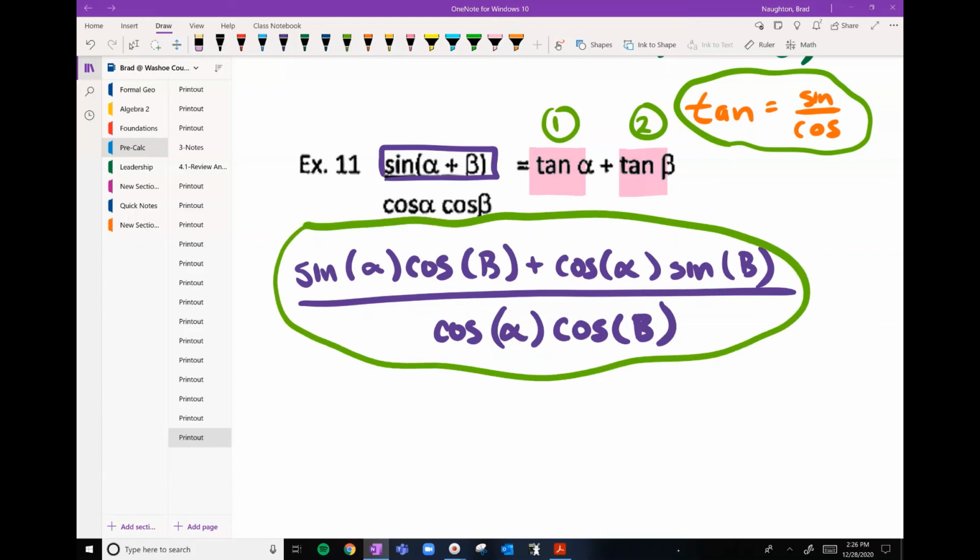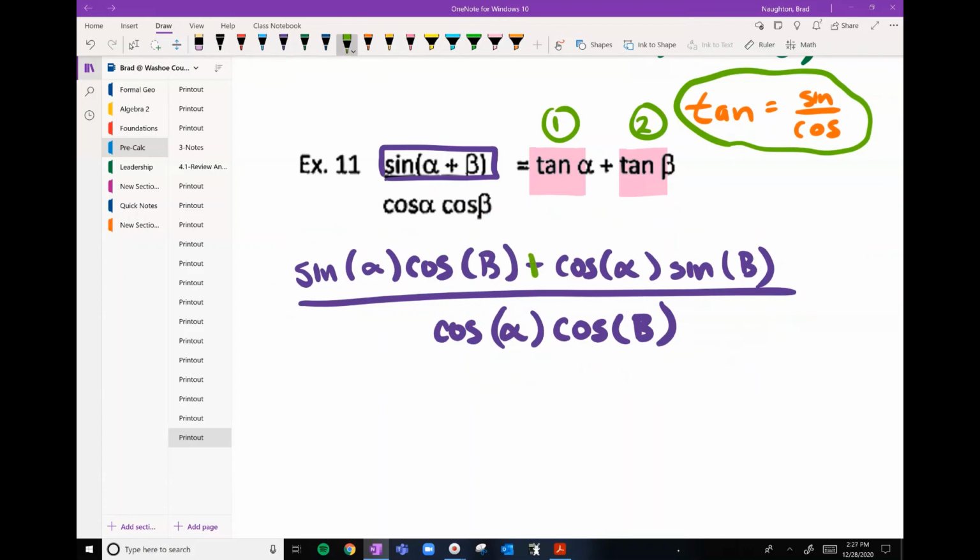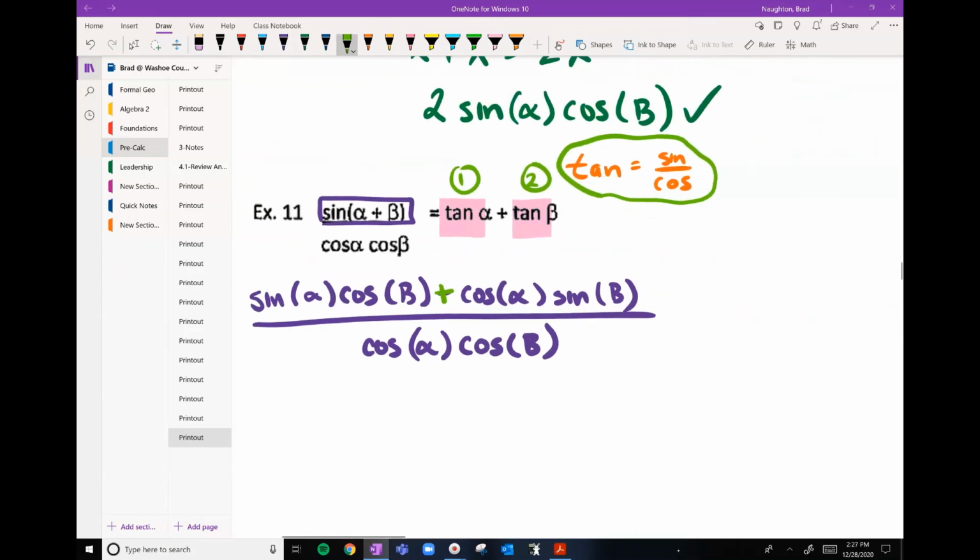Let's think about this as taking this plus part and making it two separate fractions. Much like if we had 1 plus x over 2, I can make this 1/2 plus x over 2. We can do it that way. So let's use that sort of idea here.